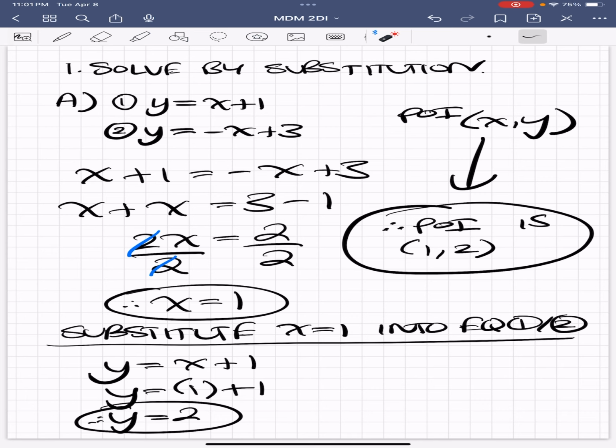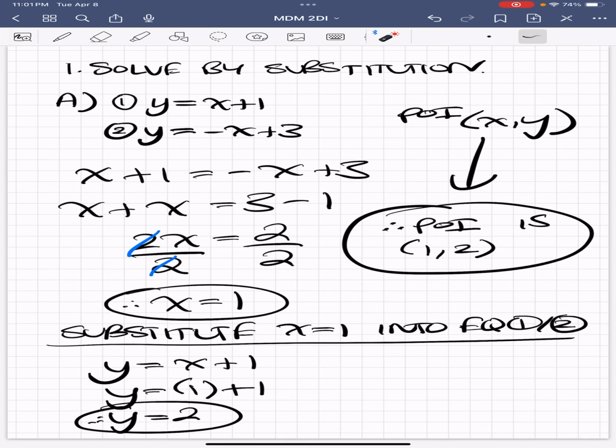When we are moving things across the equal sign, it changes the operational sign. So if you notice, it's negative x, and when we moved it over here, it becomes plus x. And the positive 1 that we moved to the other side became negative 1. Then I was left with 2x equals 2, so I divided by 2 on both sides, and I was left with x equals 1.